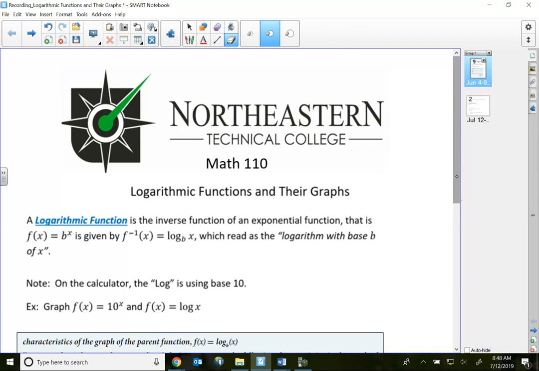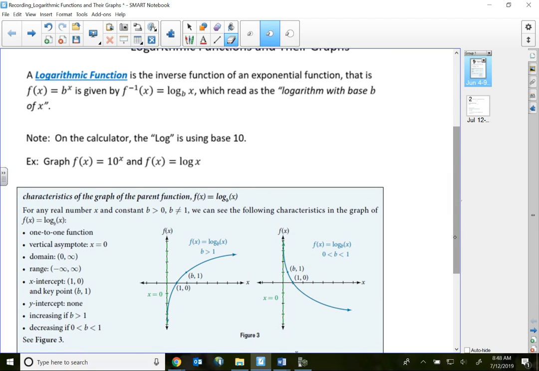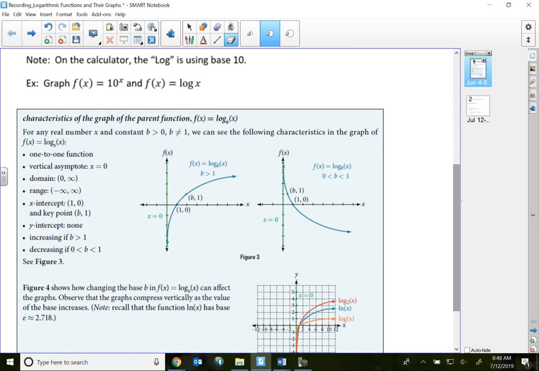All right, I just wanted to graph both of these to let you see what they are. Let's quickly look at their characteristics. I'm not so worried about transformations right now. I just want to tell you a few facts about them. Your logarithmic function is always going to be a one-to-one function as well. This picture right here is where my base is greater than 1, maybe using base 2, base 3, and so on.